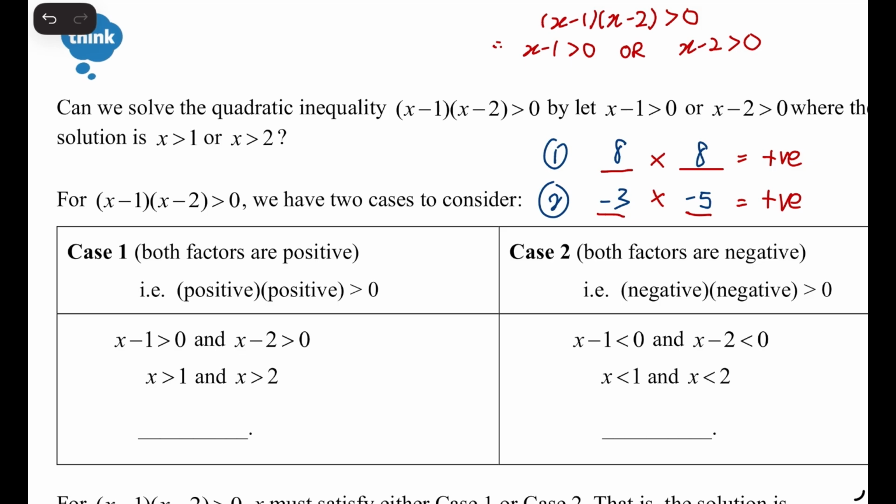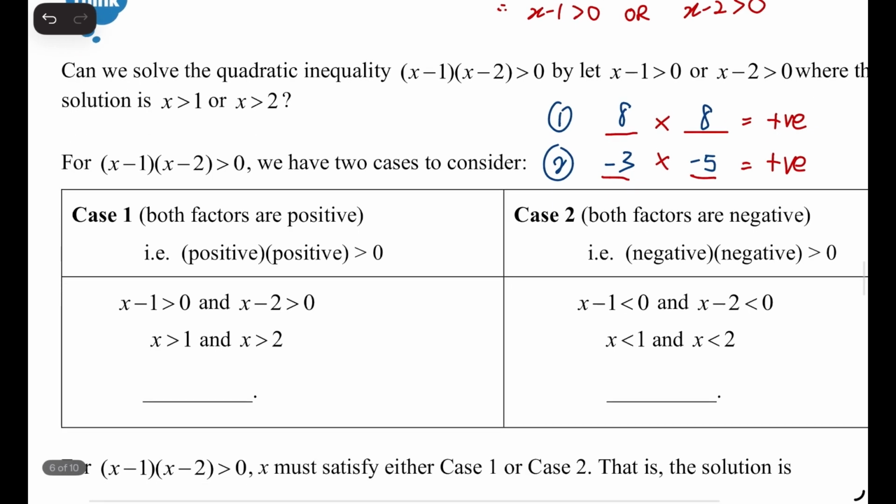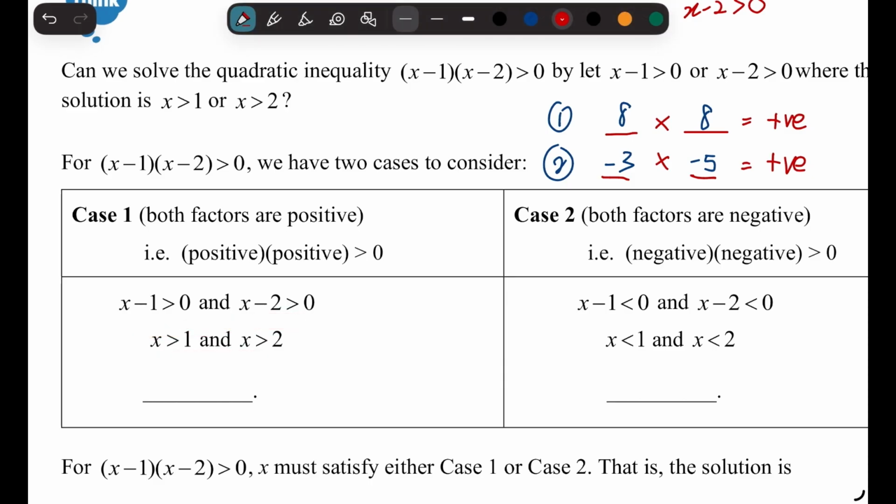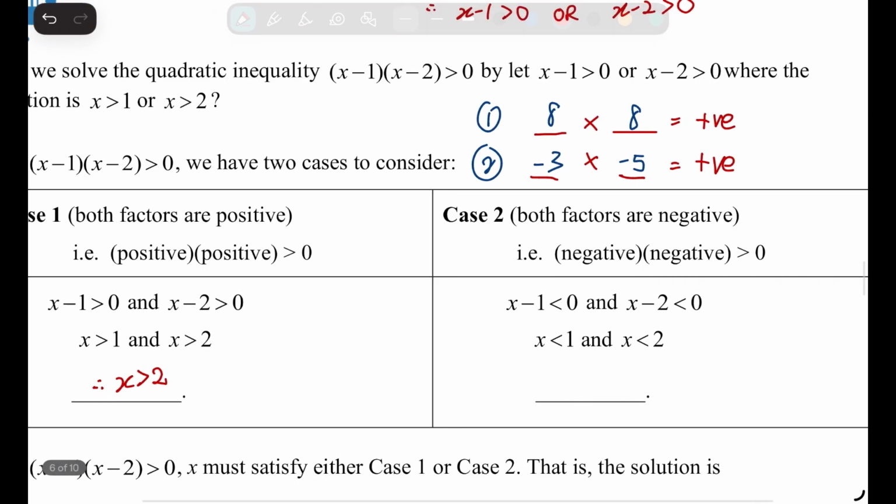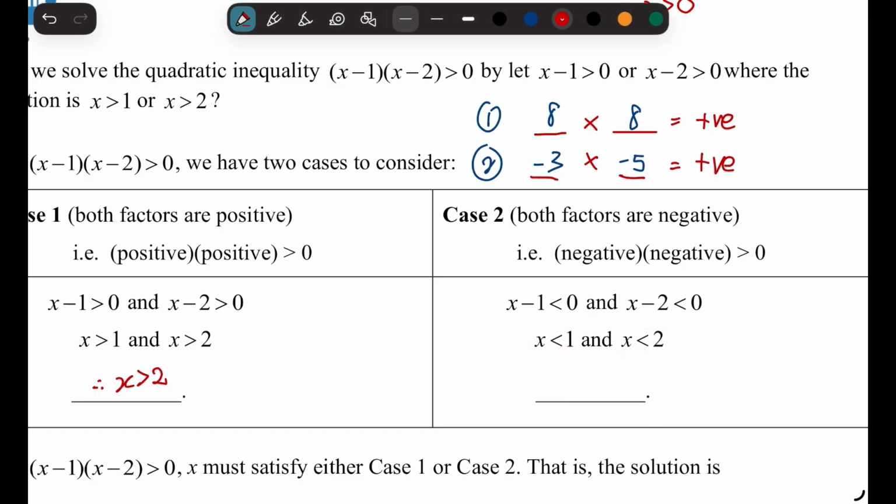Based on this, x must be greater than 1 and x must be greater than 2. Therefore, the common solution is when x is more than 2. Likewise, if both factors are negative, x is less than 1 and x is less than 2, and the common intersection is when x is less than 1.